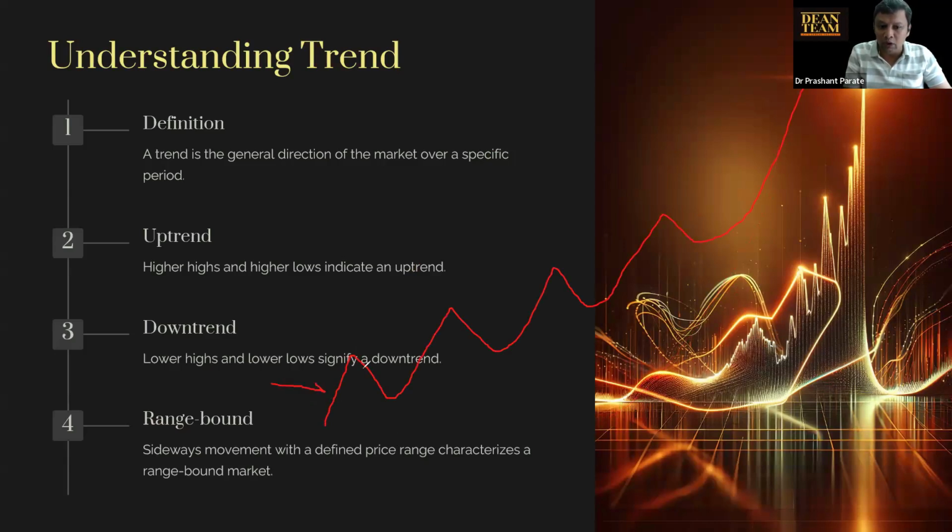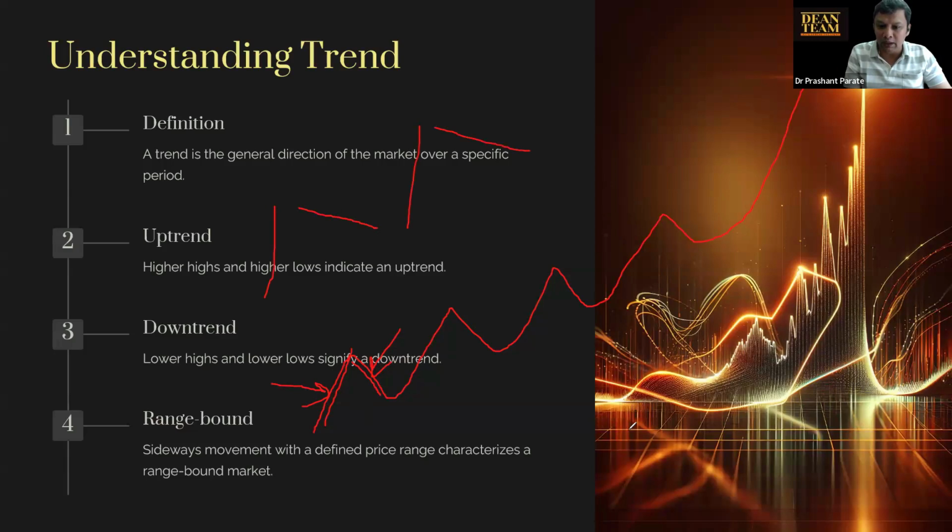Whether this force is stronger or this force is stronger. When the upward move is stronger and the downward move is weak, the upward move is called an impulse, and the downward move is called a pullback. So when the prices are trending up, the up move will be strong and the down move will be weak.